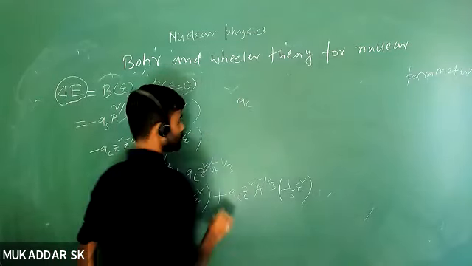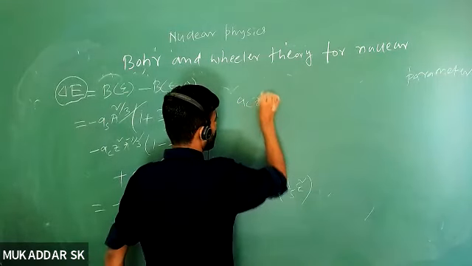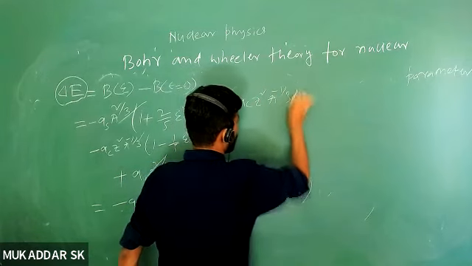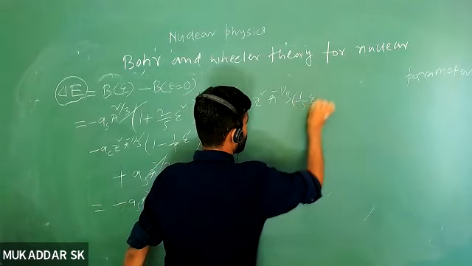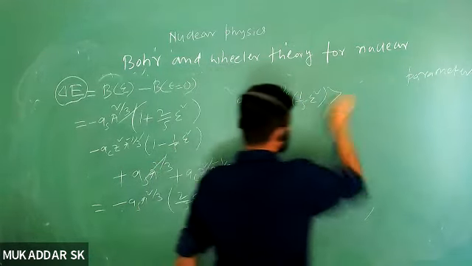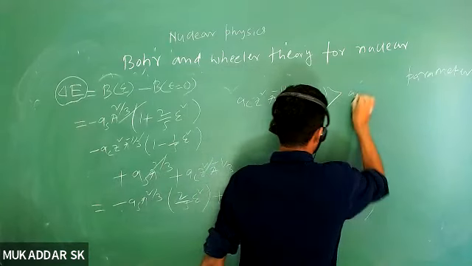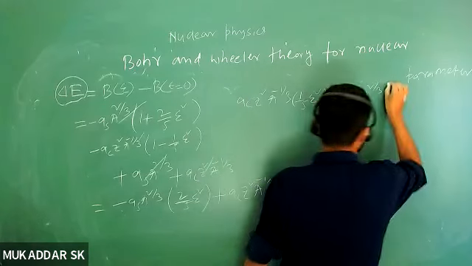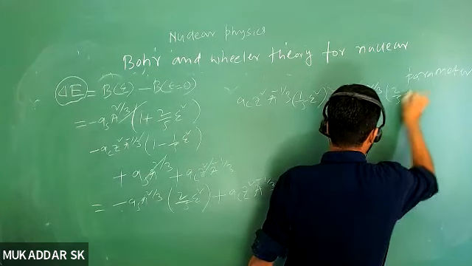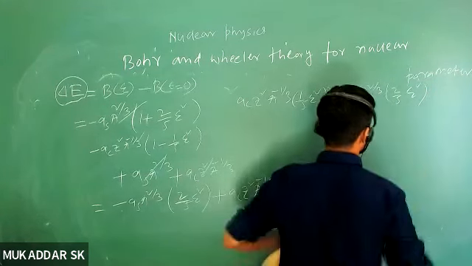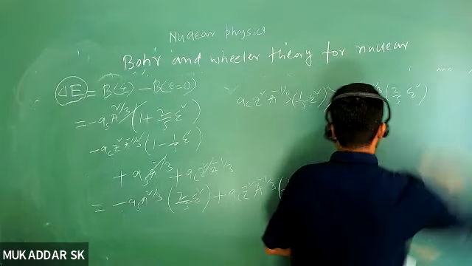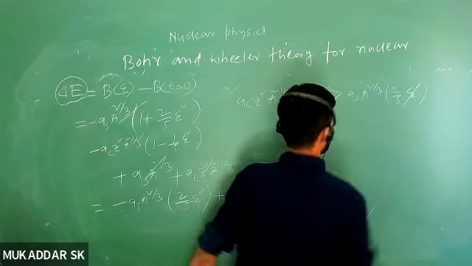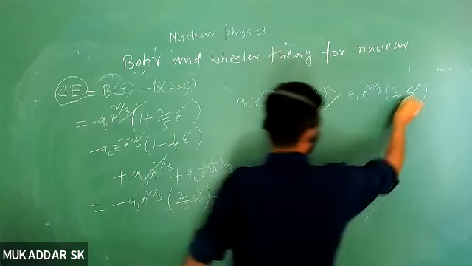a_C Z square, then you will have A to the power minus 1 by 3, of course with this factor 1 by 5 epsilon square, that should be greater than or equal to a_s A to the power 2 by 3, then you have 2 by 5 epsilon square. So epsilon square will be gone, 1 by 5 will be gone.